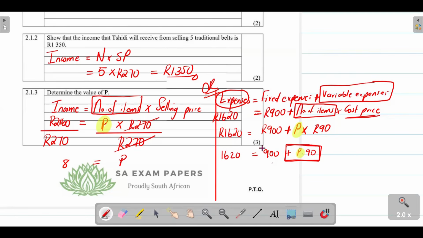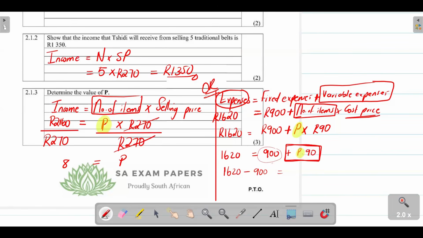Because it's positive 900, do you see that there's no sign in front of this number? It's a positive 900. So if I want to remove this positive 900 from the right-hand side and take it to the left-hand side, I'm just going to say 1,620 minus 900. I've already removed it because I just applied the inverse operation there.